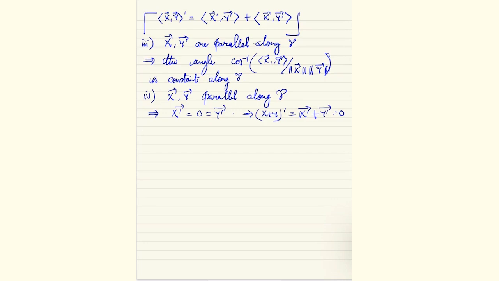So let us apply this to our velocity vector field of the curve gamma. The velocity vector field gamma dot is parallel along gamma.